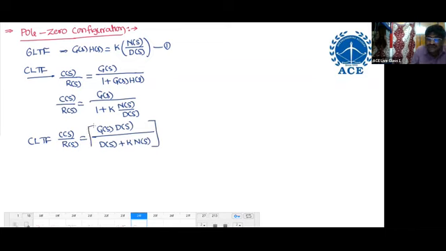This is the closed loop transfer function. This is equation number 2.